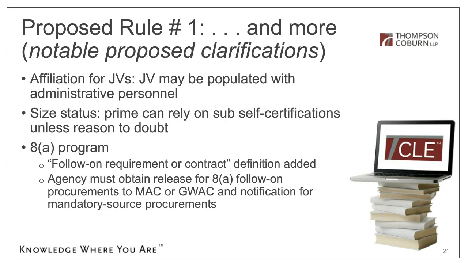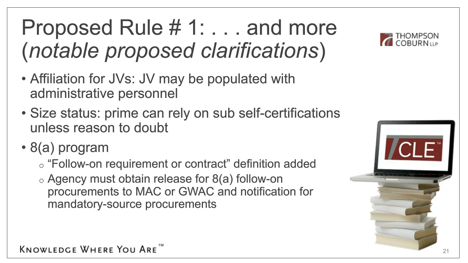So a couple of proposed clarifications that SBA put in here, and again, these are things that generally are not a surprise to those folks who've been familiar with SBA's policies in this area or what industry has been doing, but SBA decided it was worth making some clarifications.